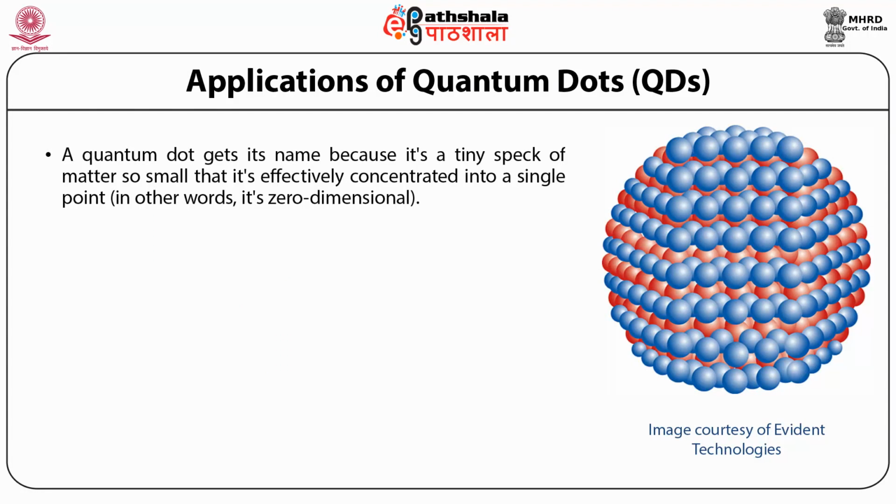So the first question that arises: what are quantum dots? A quantum dot gets its name because it's a tiny speck of matter so small that it's effectively concentrated into a single point. In other words, it is zero-dimensional.